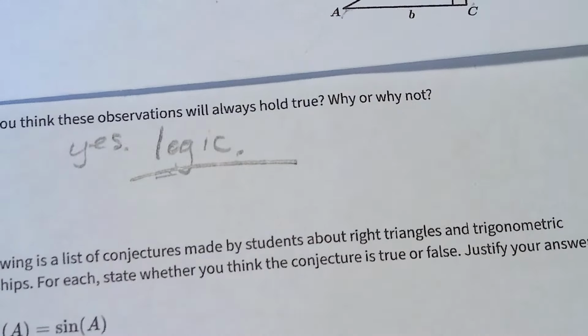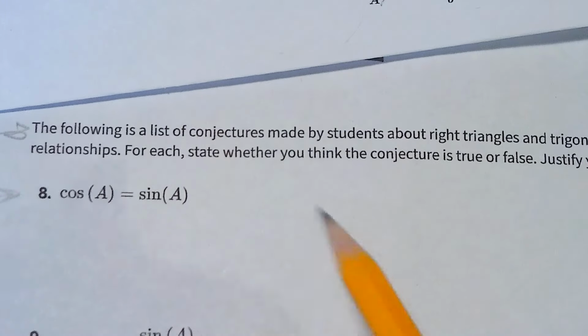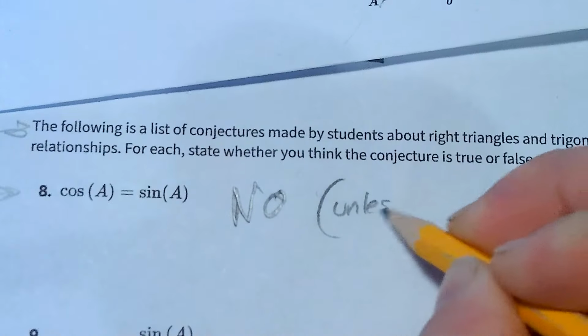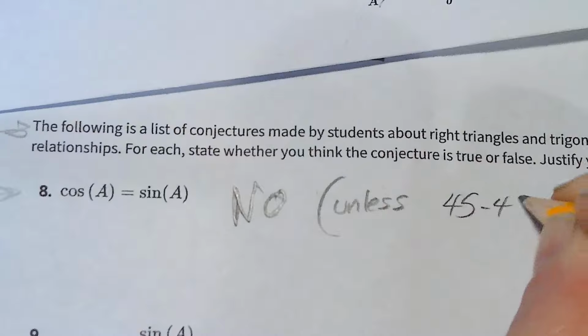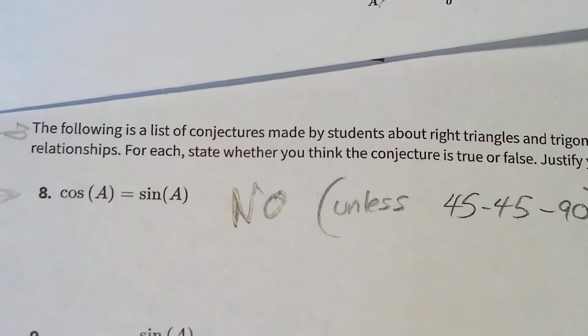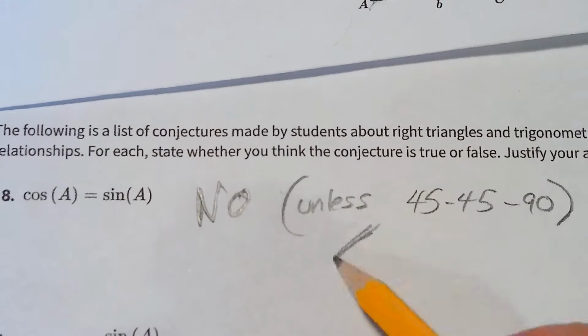Let's look at the conjectures. Is cosine A equal to sine of A? No. Unless it's a 45, 45, 90. Because in a 45, 45, 90, the opposite and adjacent are the same length. And by 45, 45, 90, I mean a right triangle with two 45 degrees.